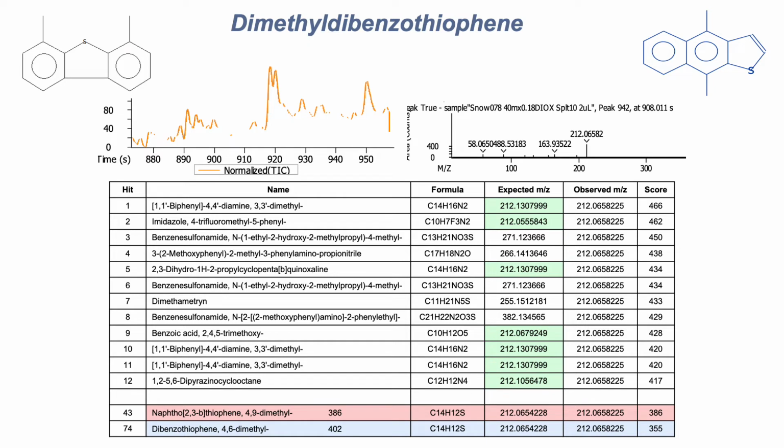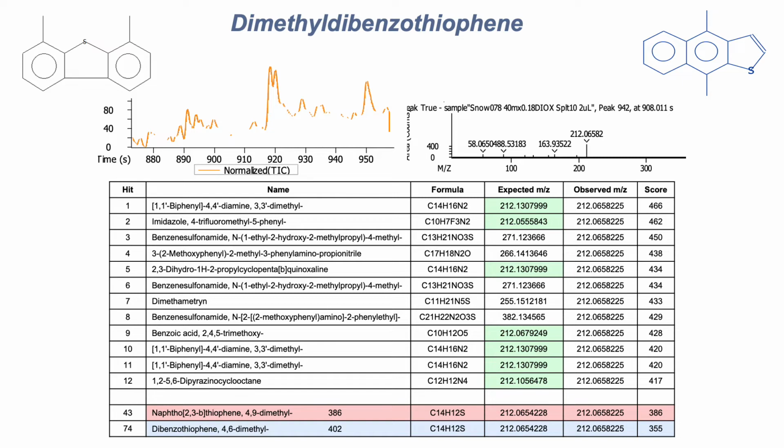One more example. A very small peak here, but the mass spectrum was quite nice, and that's why we decided to try to identify what it was. The hit list you can see here, and again, the exact mass for the best hit was wrong, and you have to go further down the hit list, and only hit number 43 contained the correct mass value, and it is this naphthothiophene.